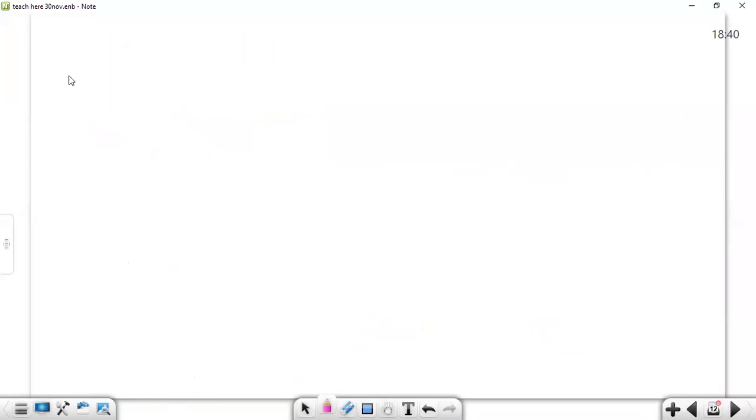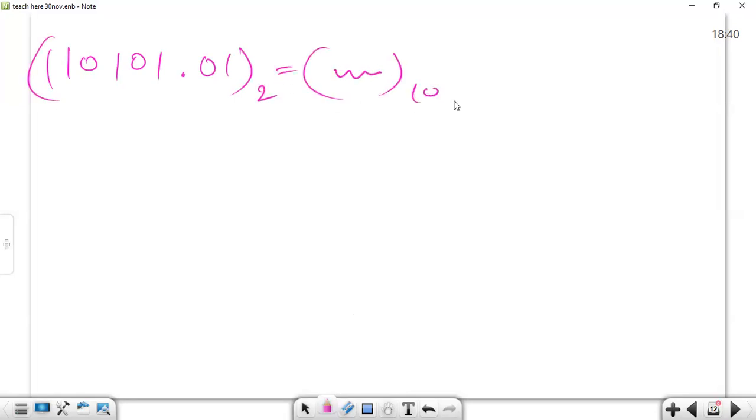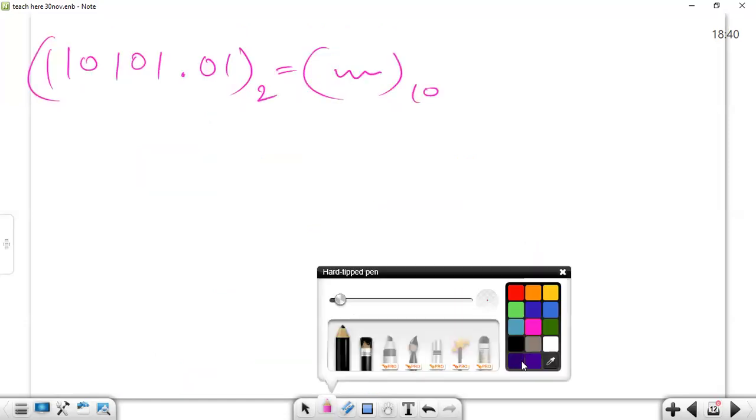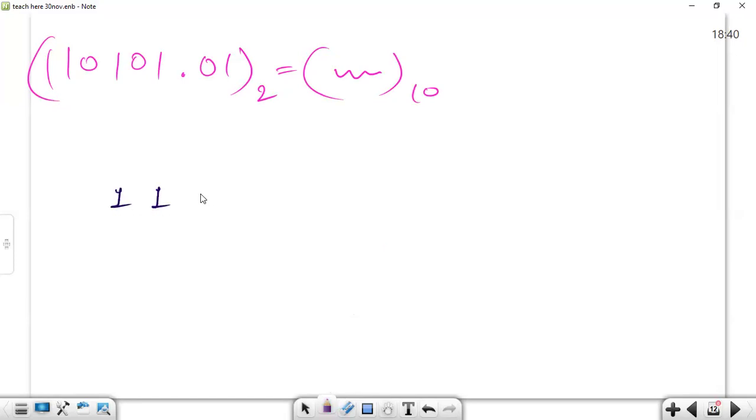Now we have to find out for the same. 110101 and 0.01. This is the given binary number of which equivalent we have to find out in decimal number system. So we will do the same, right? 1, 1, 0, 1, 0, 1.01.